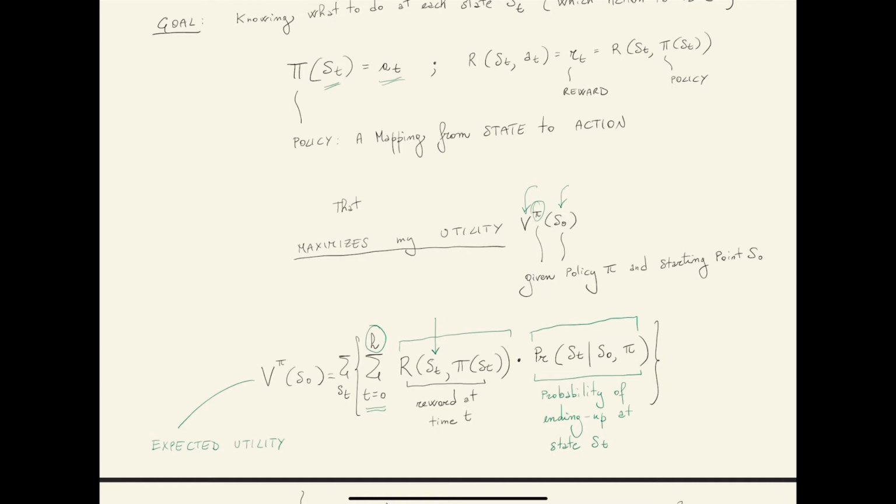So you do reward times the probability of ending up at that state. And then the last thing that you have to do is to sum up over all the possible states s t. So that's the idea of this other sum here. And that's the utility that you expect. So if you want, how much you expect to gain at the end of this process.